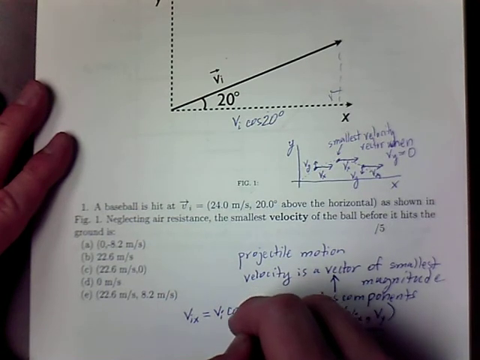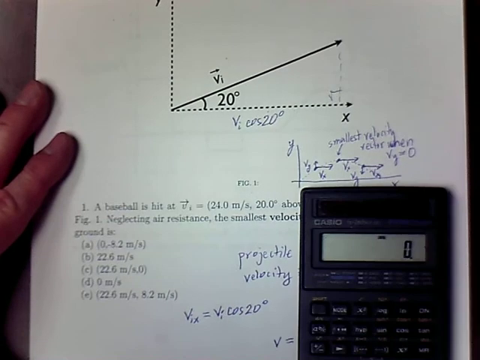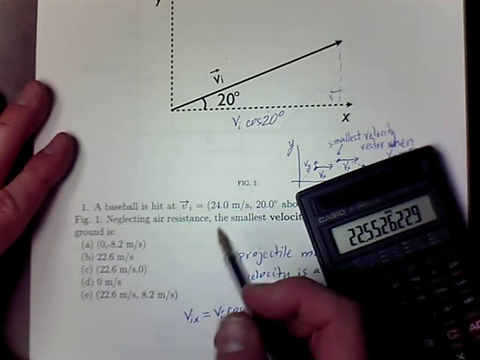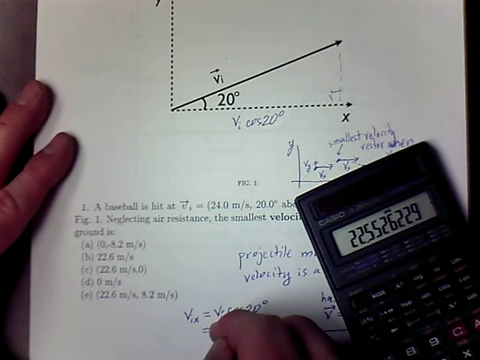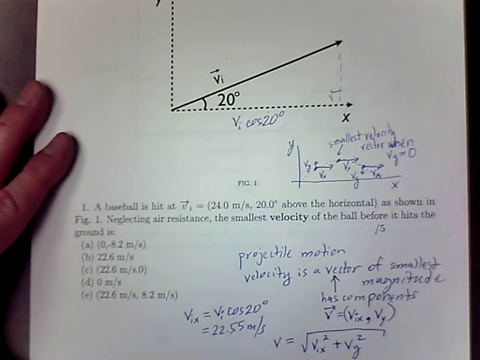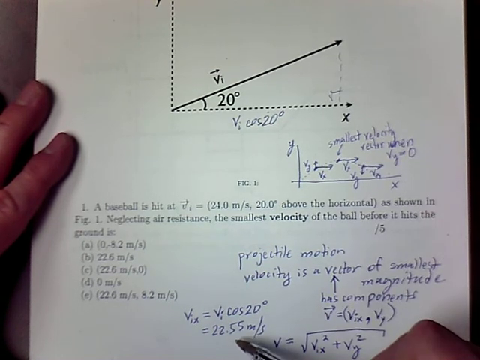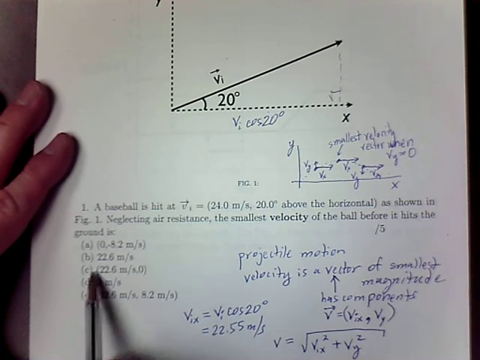So the x component is Vi times the cosine of 20 degrees. Put our calculator on here. 20 degrees cosine times the initial velocity's magnitude of 24 is 22.55 meters per second.